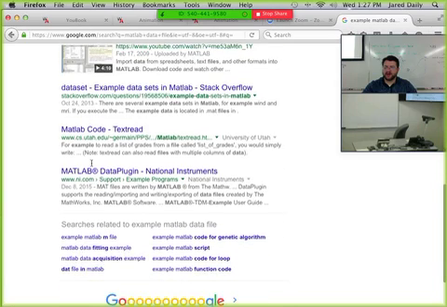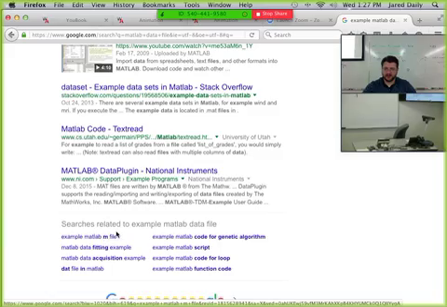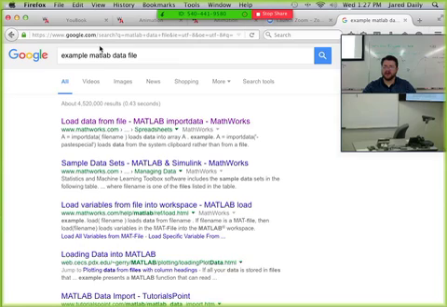I actually want a data file. I have to figure out why this computer's not connecting to the network, so I can get those files.